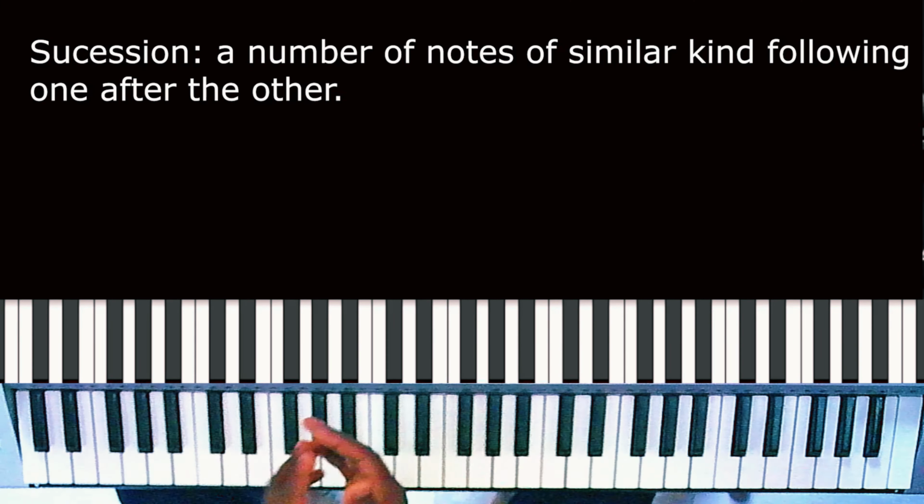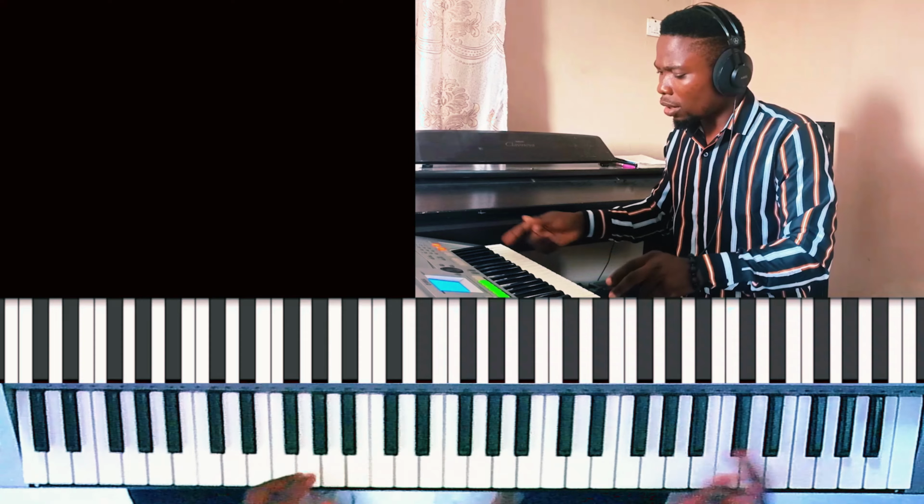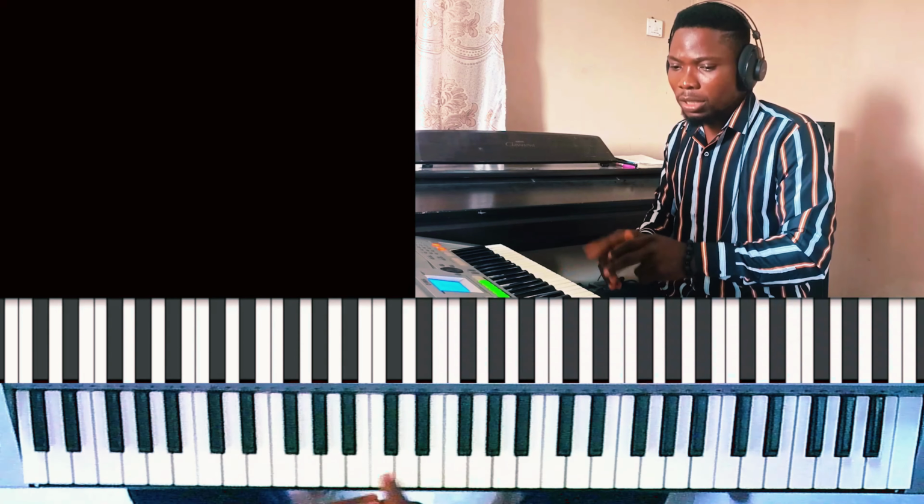Back to the piano, it means that we have a particular note. Let's take it from here. Another note follows. They are both similar. Another one follows. This note keeps moving like that, to the end, to where we have this. I'm going to explain why we are stopping here, because some of you are wondering why we do not continue. You are going to see that by the time we start playing the scale fully.